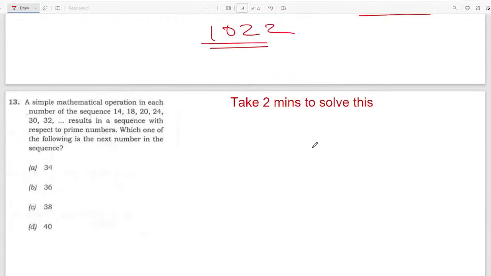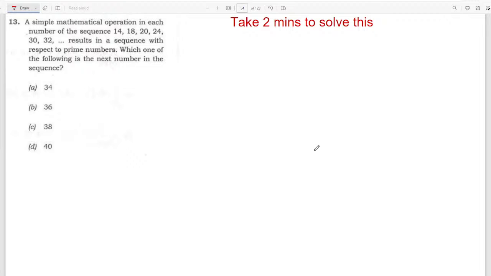Okay, take 2 minutes to solve this question. Moving to the next question. A simple mathematical operation on each number of the sequence 14, 18, 20, 24, 30, 32 results in a sequence with respect to prime numbers.